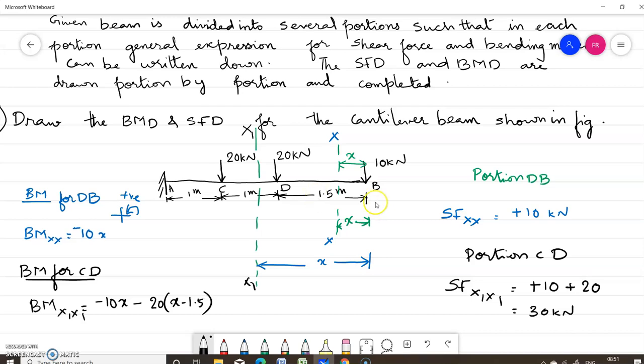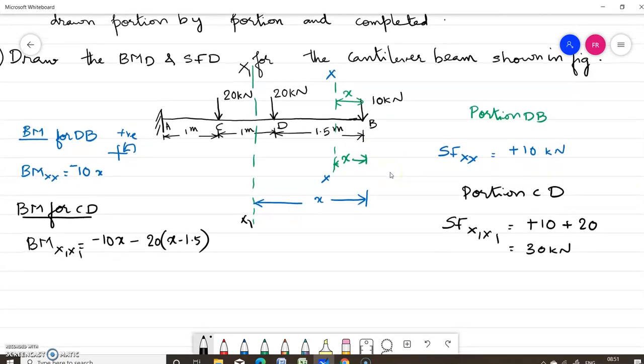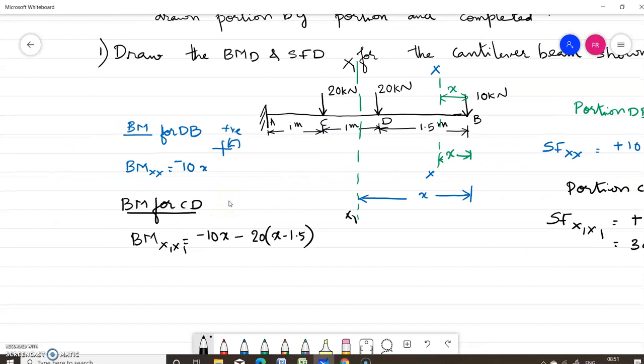Okay. Now we can find out the bending moment for this portion. At x equal to 0, that is bending moment at B, it is equal to 0.